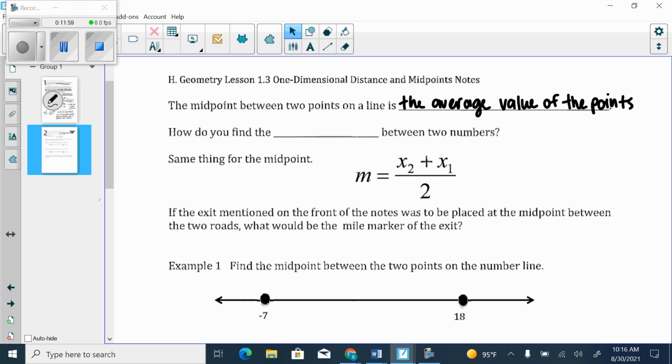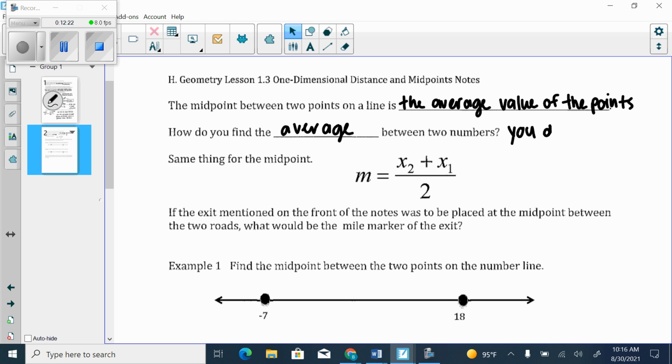Okay? When they ask us, how do you find the average? Do you guys remember how to find average? Right. And if they're just giving us 2 numbers, all we should have to do is add them and then divide by 2. Very good.